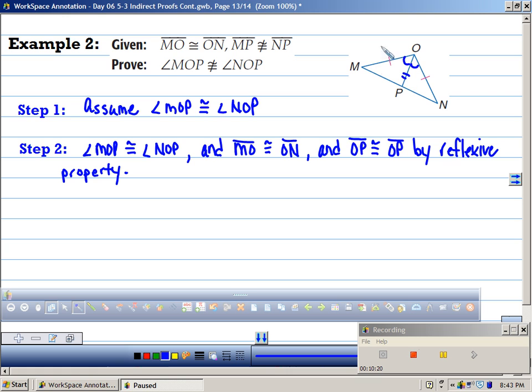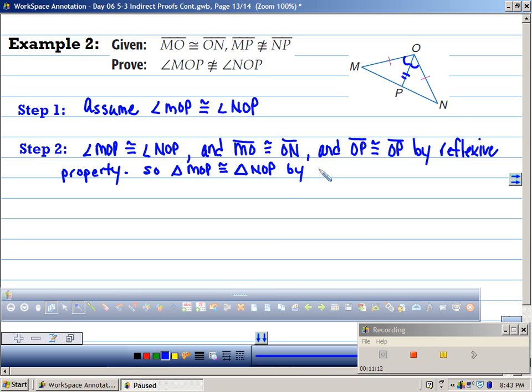So how would we say this? If I can see it clearly now, I have a side, angle, side. So I said this angle is congruent, and this side is congruent, and this side is congruent by reflexive property. And I say, so, triangle MOP is congruent with triangle NOP.